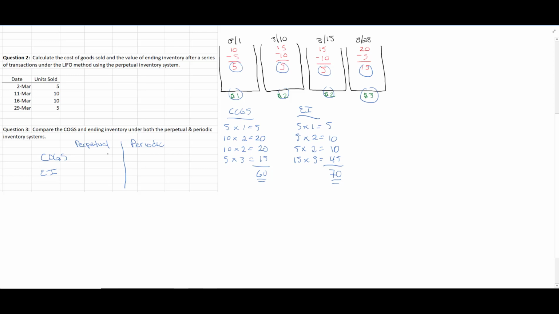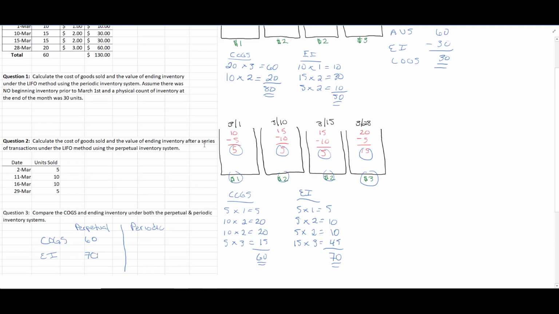So we can see that under the perpetual inventory system, our cost of goods sold was 60 and our ending inventory was 70. And if we go back up to see what we got for the periodic, we have a cost of goods sold of 80 and an ending inventory of 50.